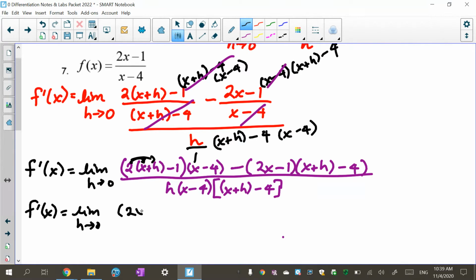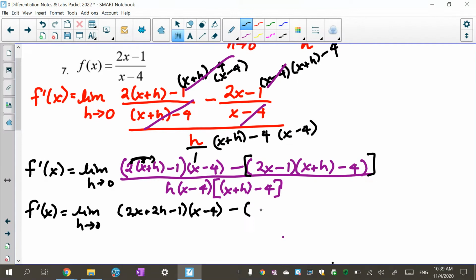So I have (2x + 2h - 1) times (x - 4). I'm going really small here. And then this one right here, when I have the x plus h, I'm going to actually multiply that all out as well. So I'm just going to put this in brackets right now. I don't really need this parenthesis right here.